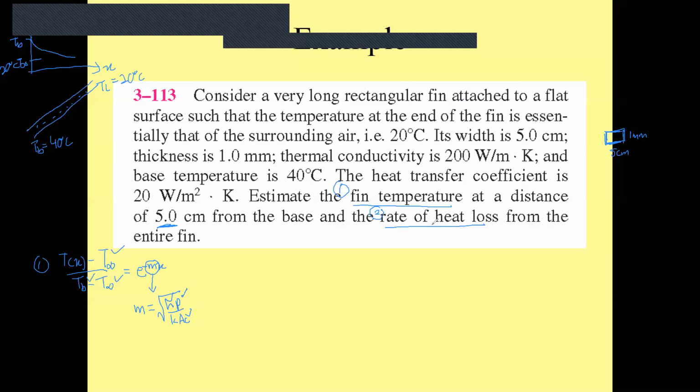So the cross-section area is 5 centimeters times 1 millimeter. Then k is also given to you, so you can solve for T at x. T at 5 centimeters is equal to, so you would find it at 29.8 degrees Celsius.